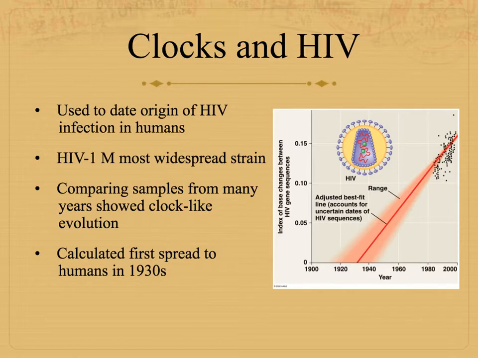They were able to compare samples from many different years that they had and plot it on a molecular clock to figure out that it did show clock-like evolution, that every so many years there were so many sequence changes to the HIVs. So by this, they were able to calculate that HIV-1M first spread to humans somewhere in the 1930s. So not exact, but pretty close.